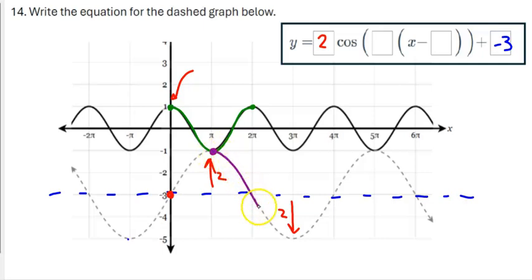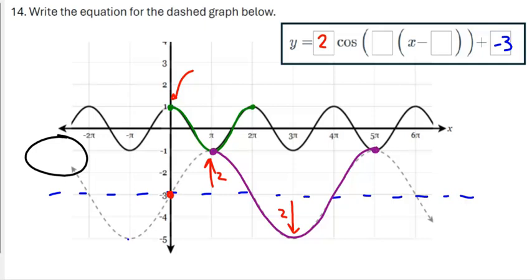So this would be 1 period for the sine graph, the dashed one. So why didn't I go to the left this time? Well, one reason is because the graph doesn't extend far enough to the left to get back up to -1. So this time I'm using the value to the right.